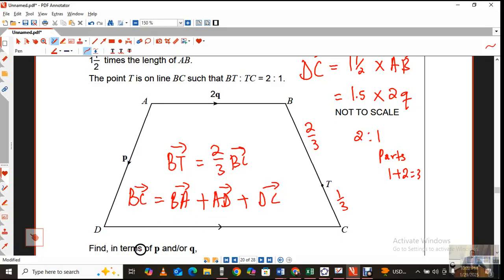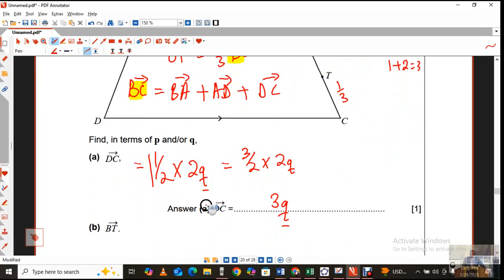This will give me BC, so that I can put my BC here on the 2/3. So this is going to be how I find my BC. So let's write it down using our P's and Q. And also, please take note of the direction that we are going.